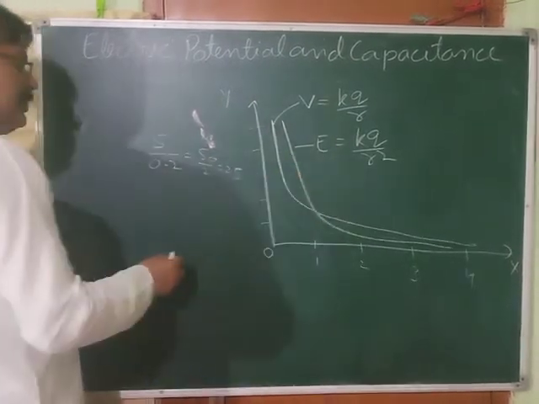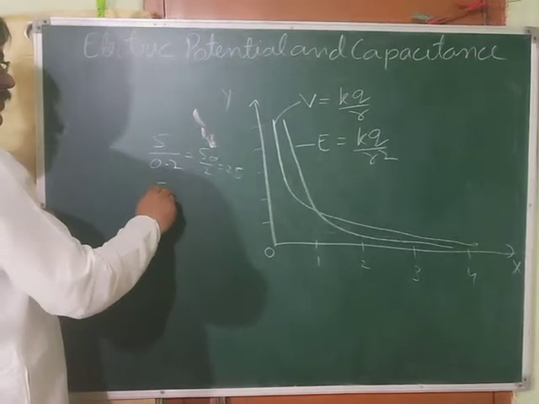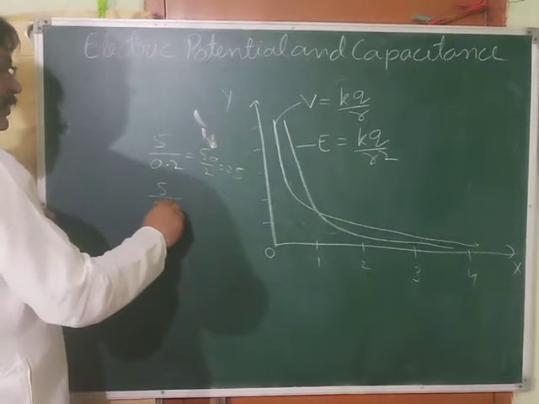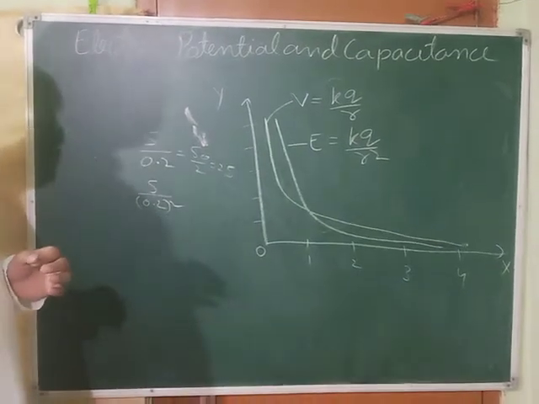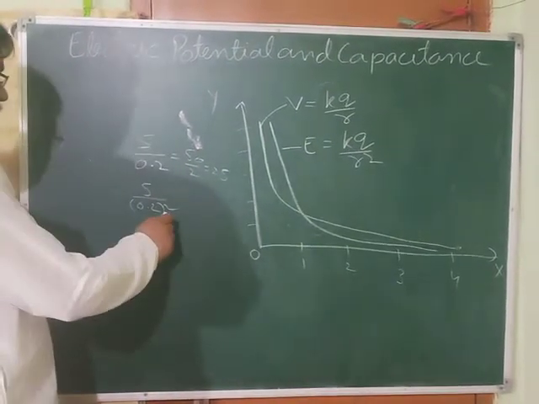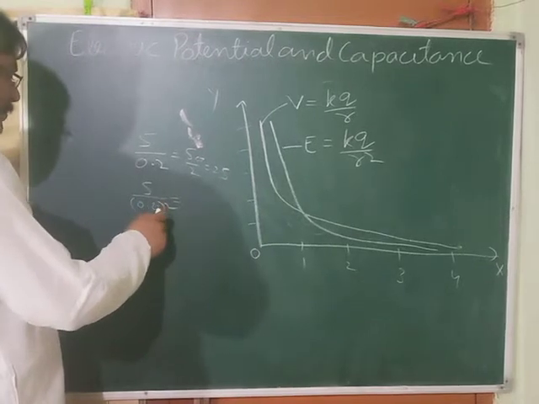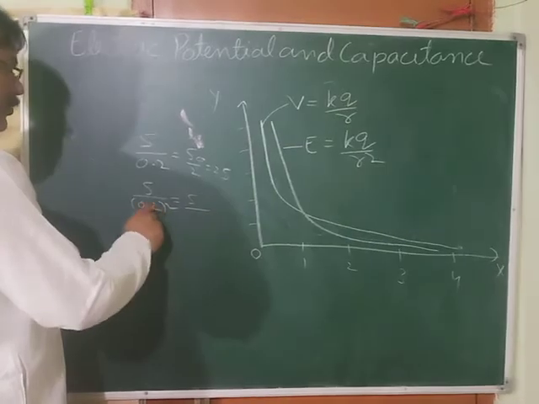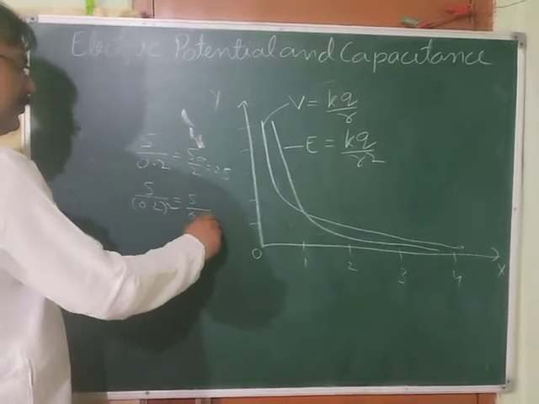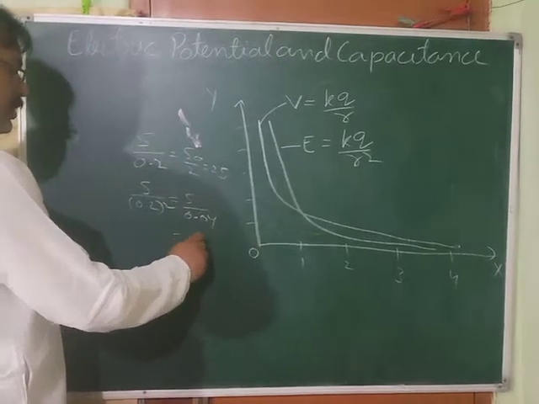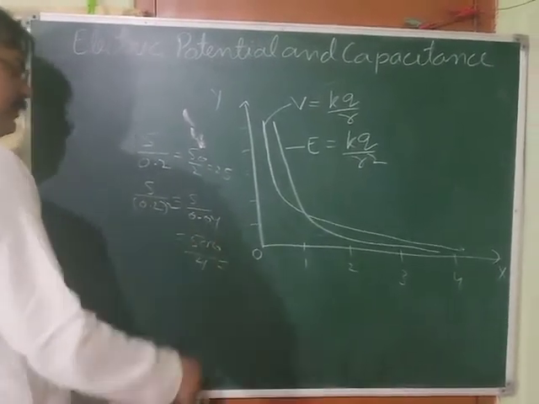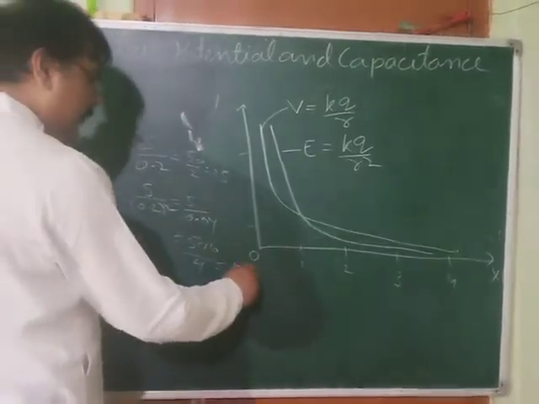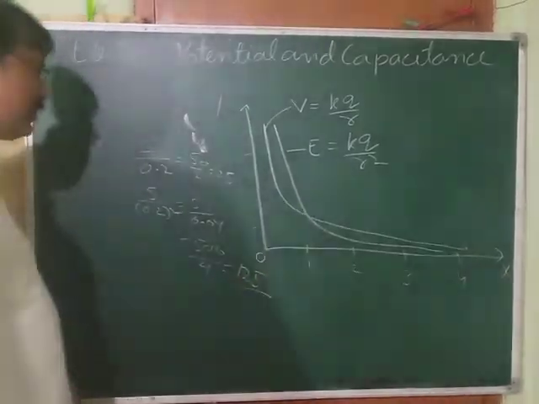What about electric field? You will write 5 by 0.2 square, which is 5 by 0.04. That means you can write 500 by 4, which is 125.